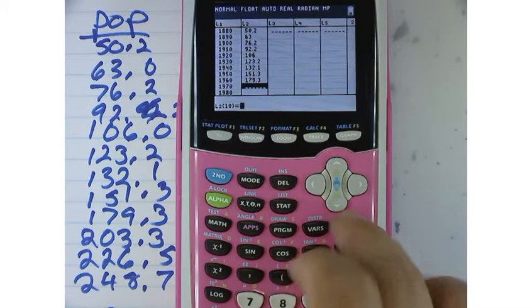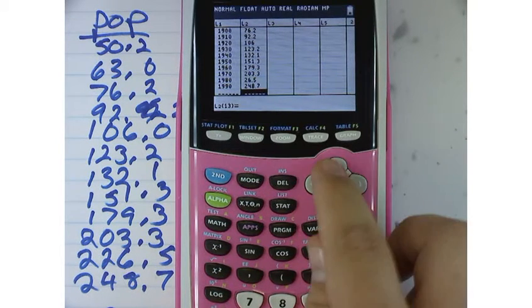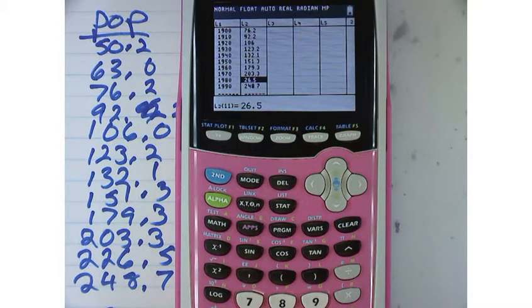Oh, I screwed up there. 203.3 enter. 226.5 enter and 248.7. Wait, Mr. Allen, for the one before that is 50. It's in the register. 226.5. Thank you. All right, so I think I've got them correct. We'll know in a second.